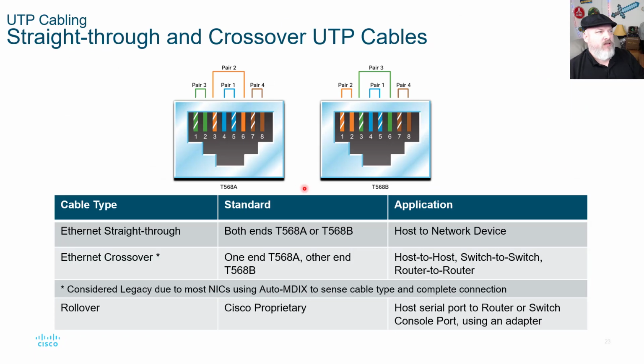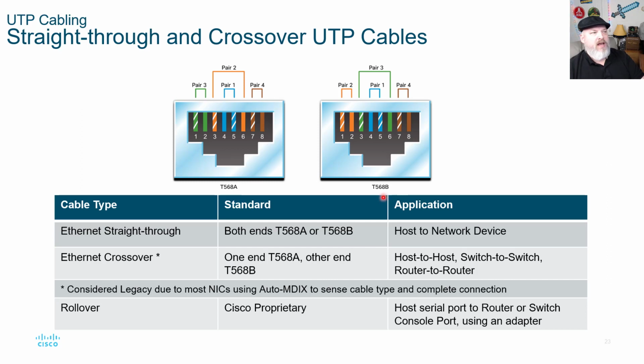Now what we have here are straight-through and crossover UTP cables. An Ethernet straight-through has both ends either 568A or 568B. Doesn't matter which one, either standard. Both ends are either A or B. That's a straight-through. Now here, this is T568A and this is T568B.